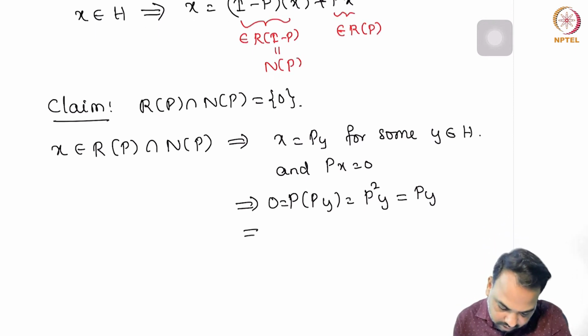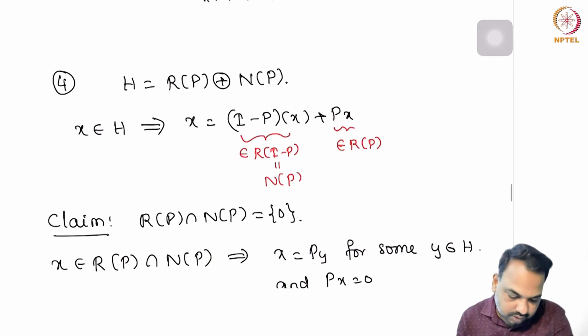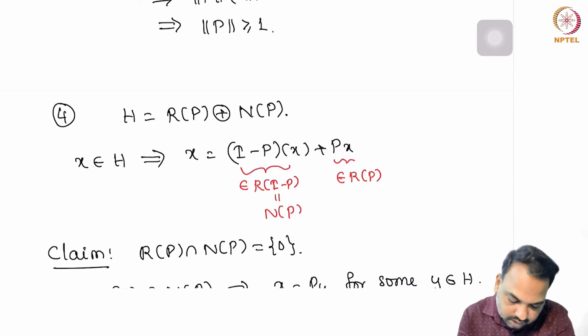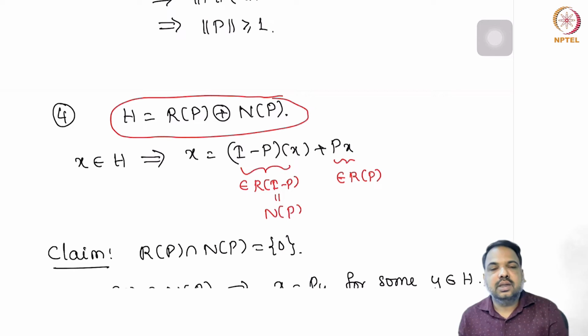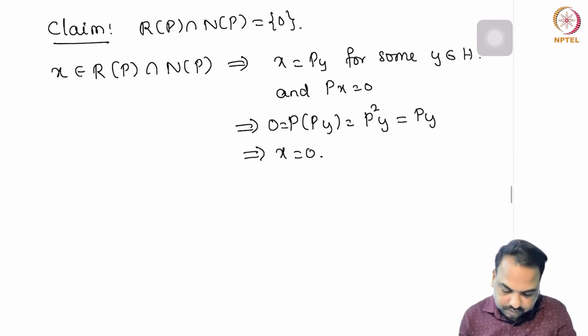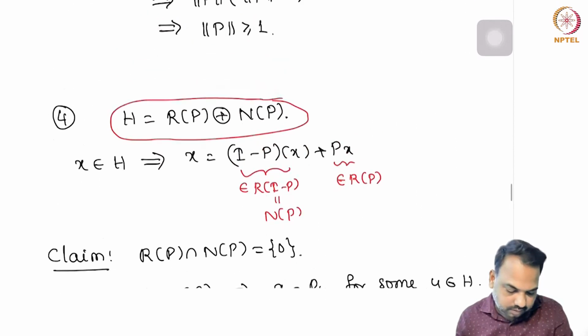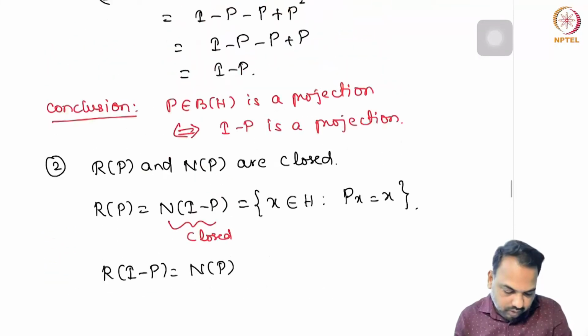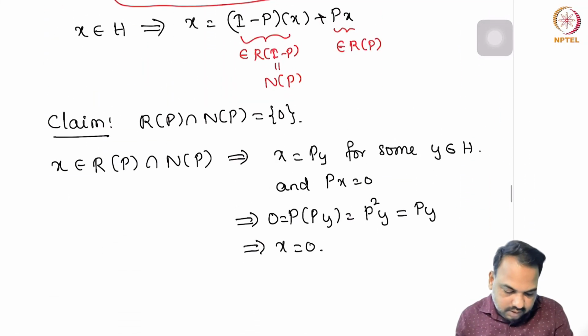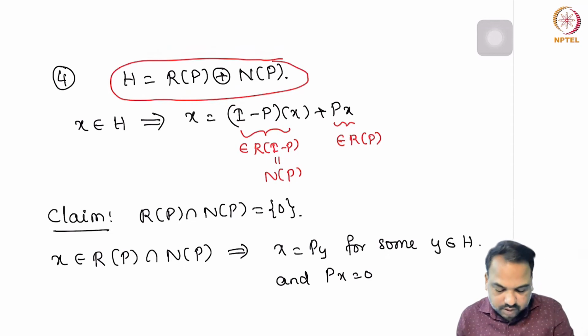So this implies Py, which is nothing but x, is 0. So we have shown that this decomposition is exactly a direct sum decomposition. We can write H as the direct sum of range of P and null space of P. Okay, so these are a few important observations regarding projections.